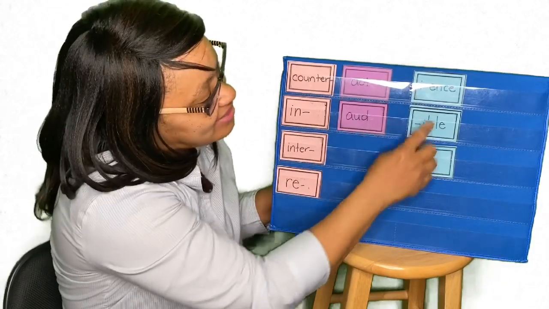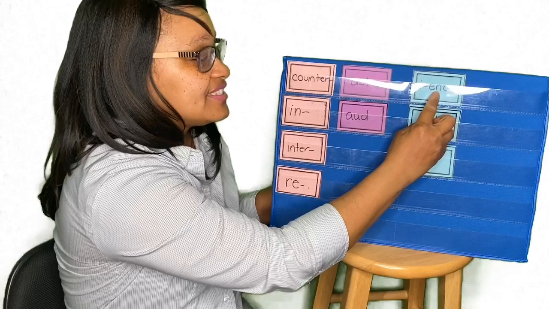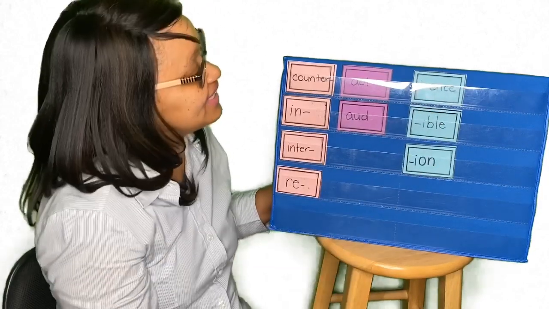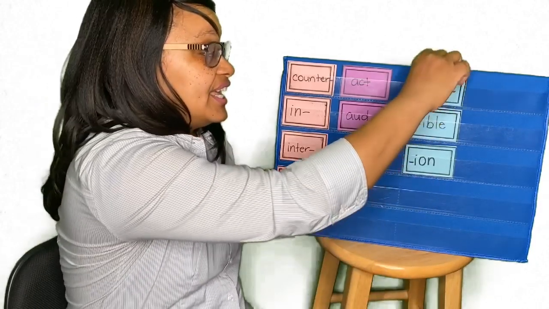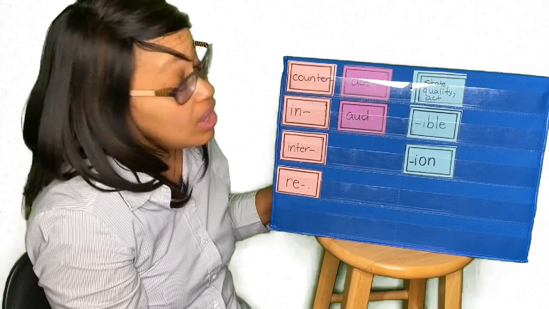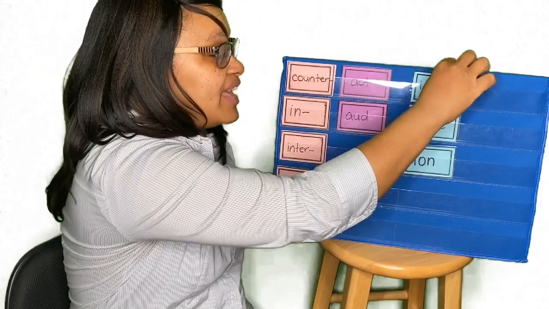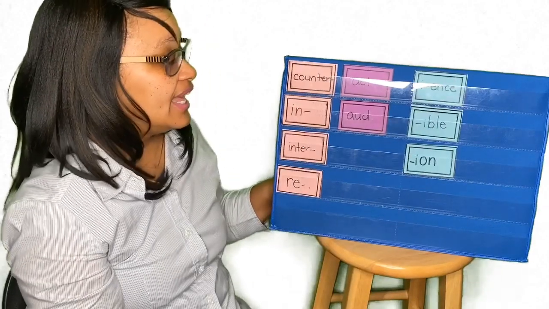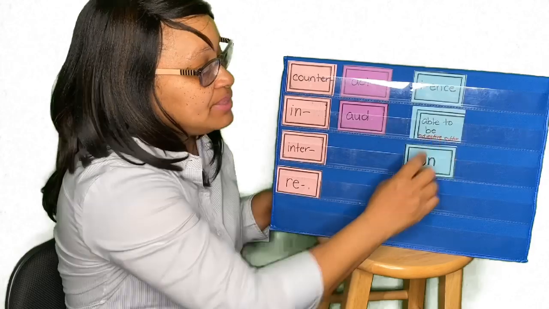And now we have 3 suffixes. We have ients. So the i is acting as a connector. And it means state, quality, or act. And then we have able. Able, which means able to be.